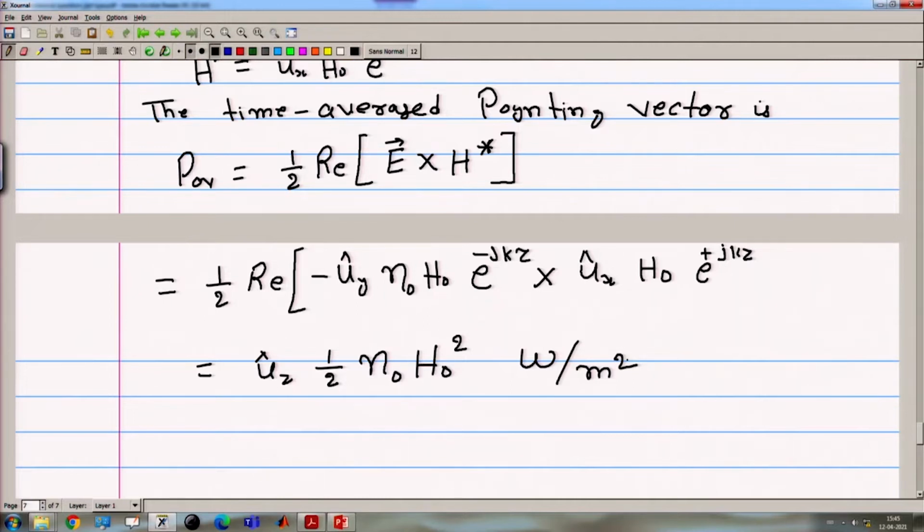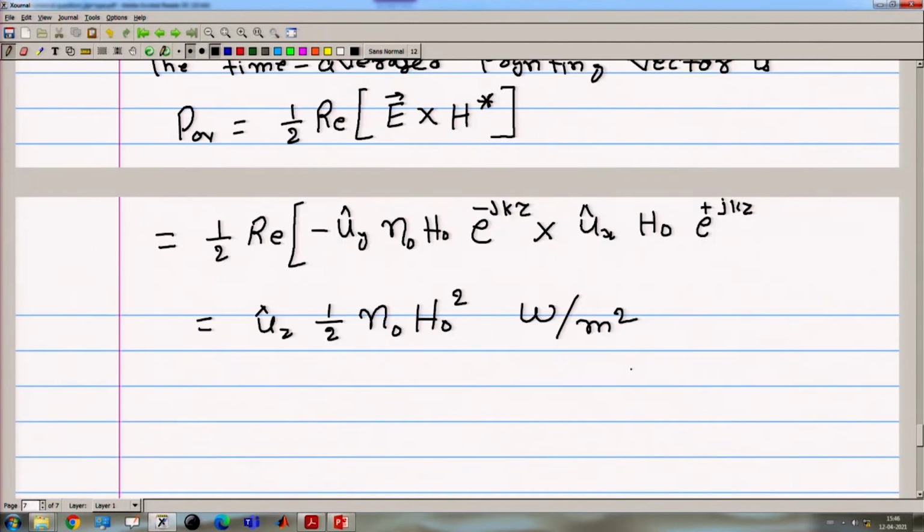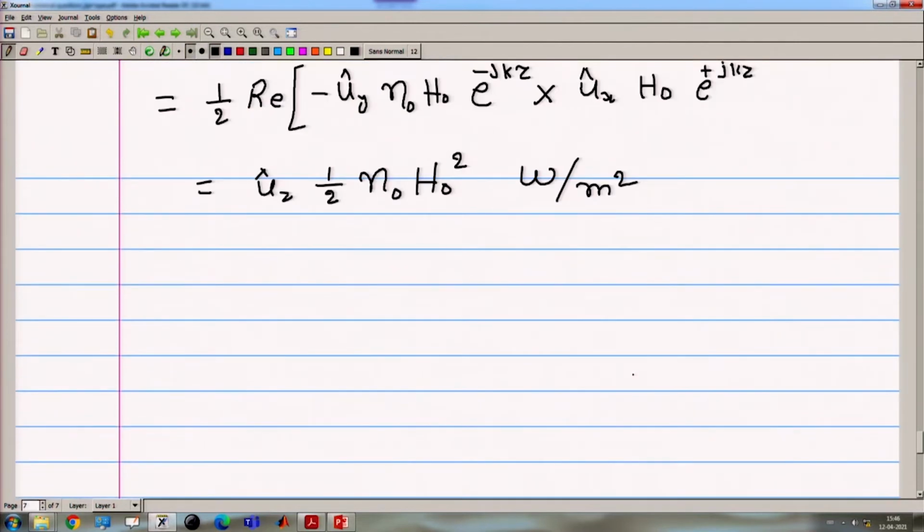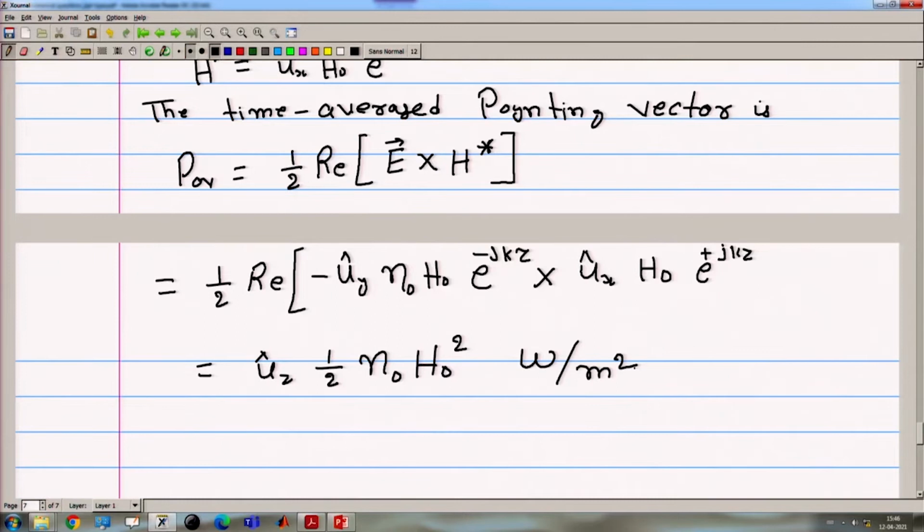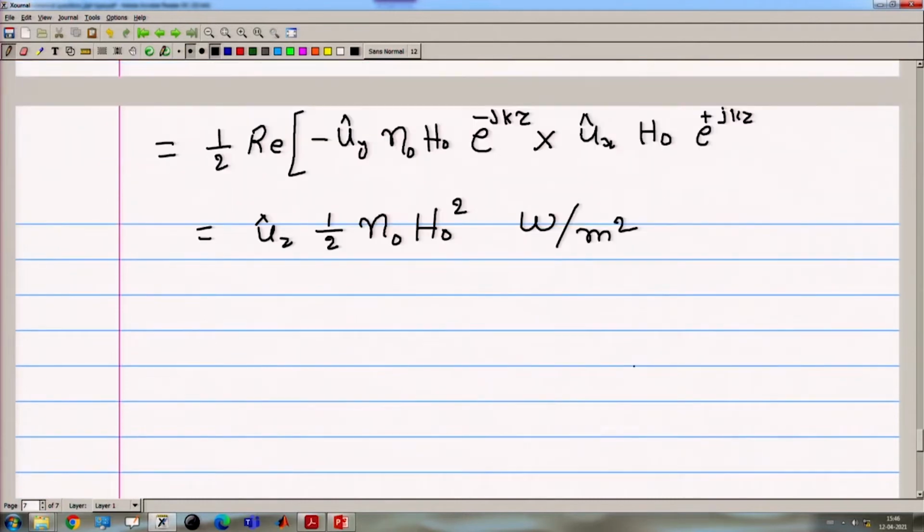So, thus power is transferred in the positive z direction, because this is in the u_z direction. So, this is the time average Poynting vector.